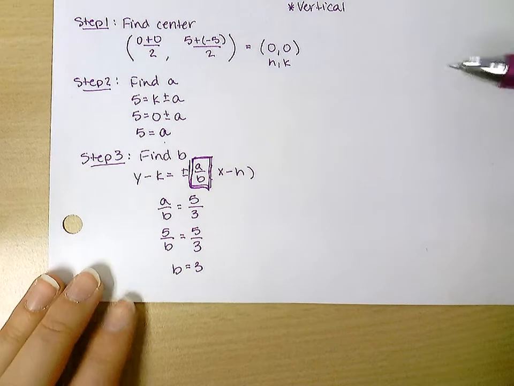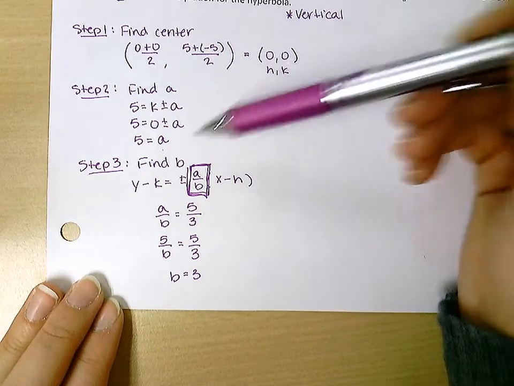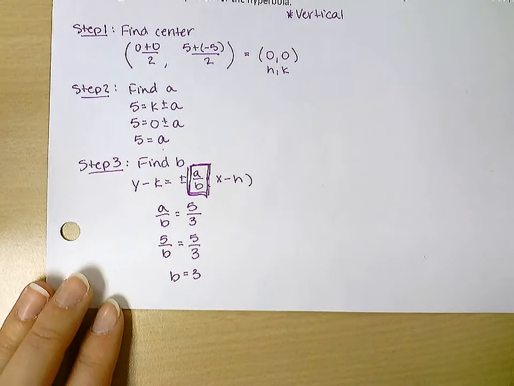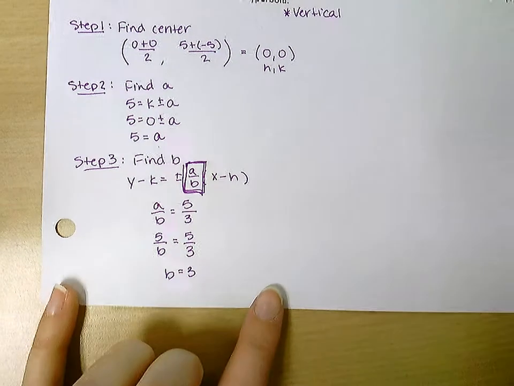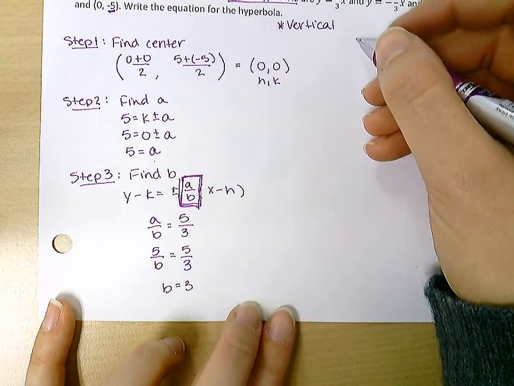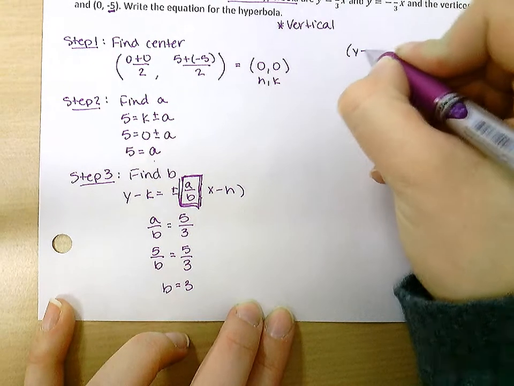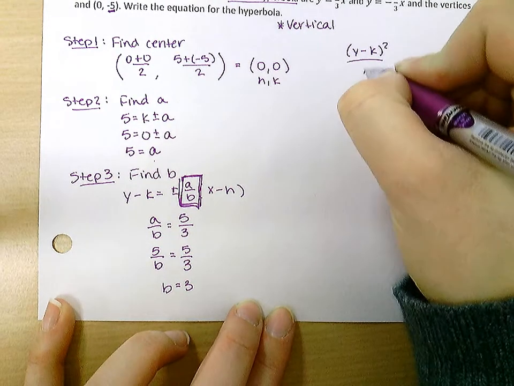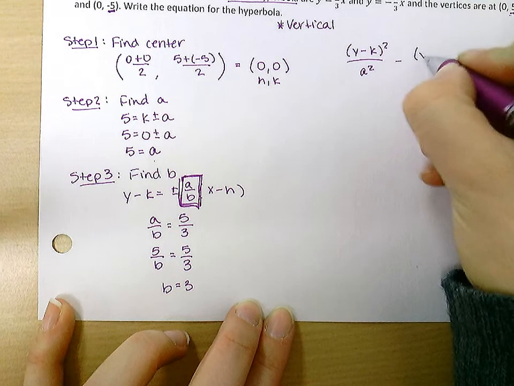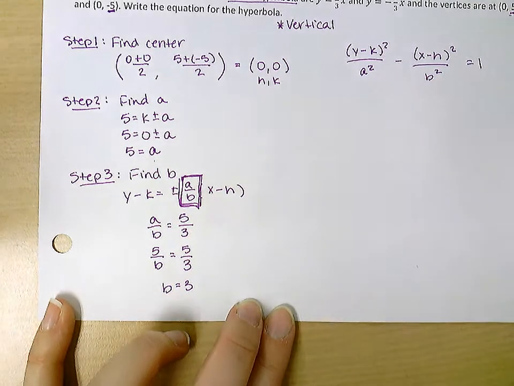So now I have the center, a and b, so I can write out this equation. Okay, a vertical hyperbola equation is y minus k squared over a squared minus x minus h squared over b squared is equal to 1.